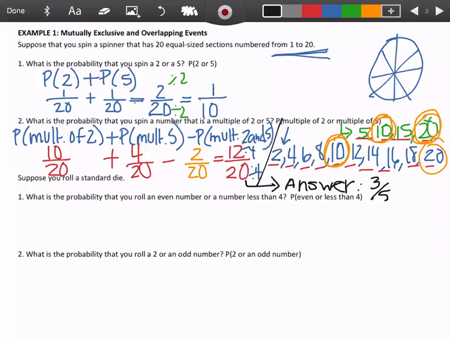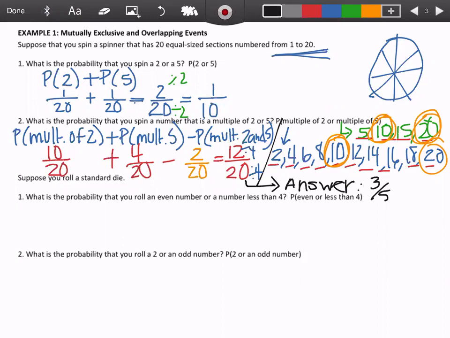These next two examples deal with a standard die. So again, when we roll a die, we could roll a 1, 2, 3, 4, 5, or 6. We need to know what is the probability that you roll an even number or a number less than 4.